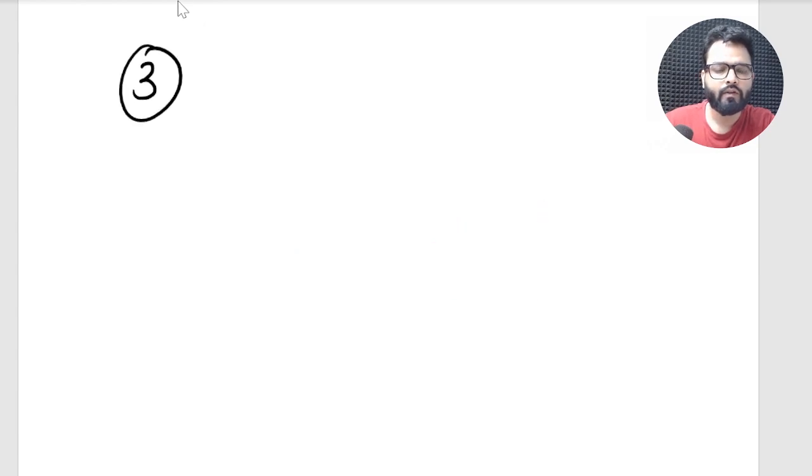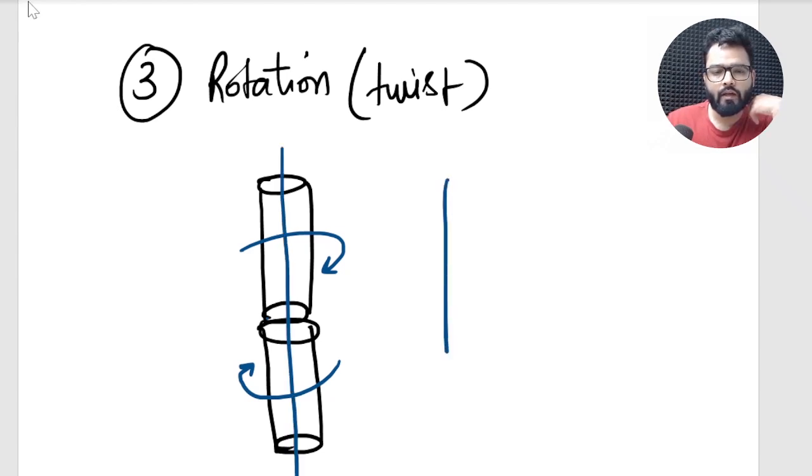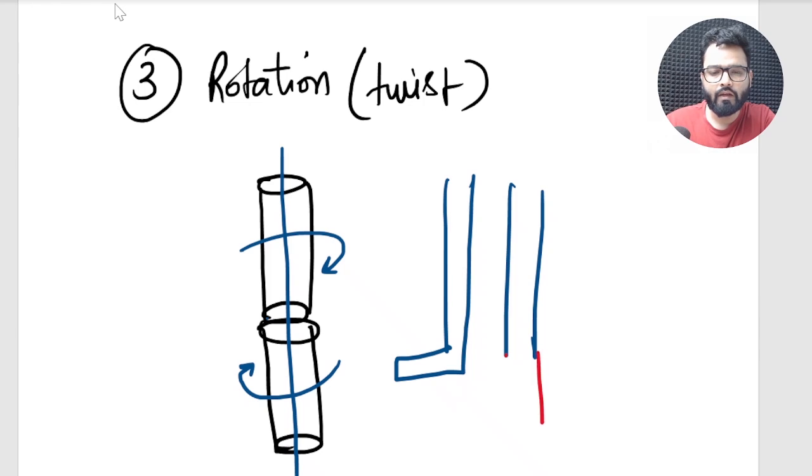The third type of displacement is rotation, in which the bony fragments are twisted along their longitudinal axis in different directions, and clinically the limb will be lying in a different direction as compared to the normal side, and this produces a rotational deformity.